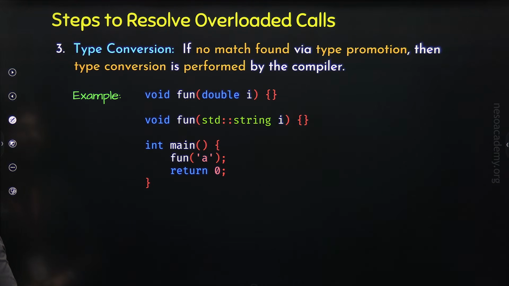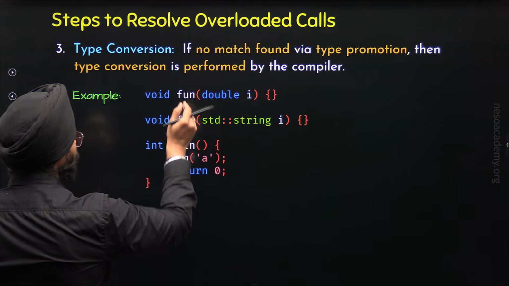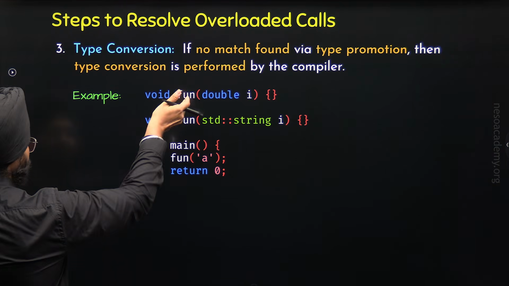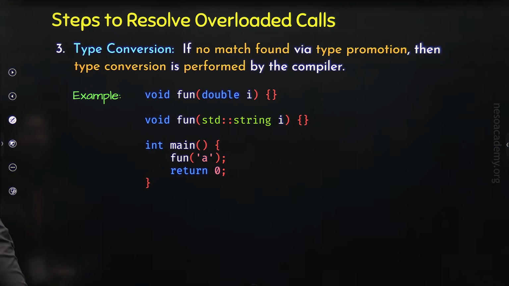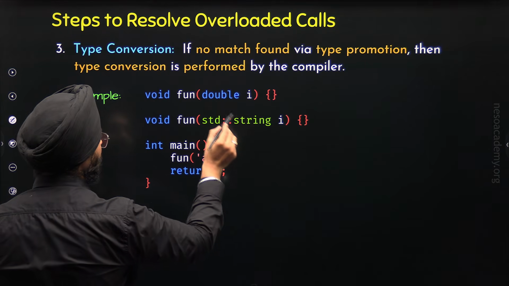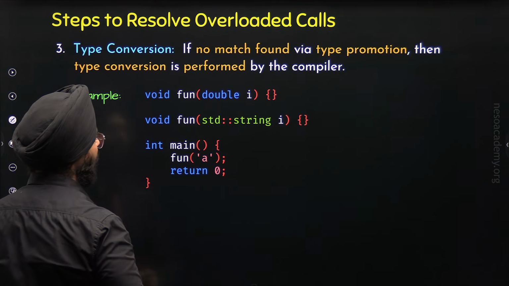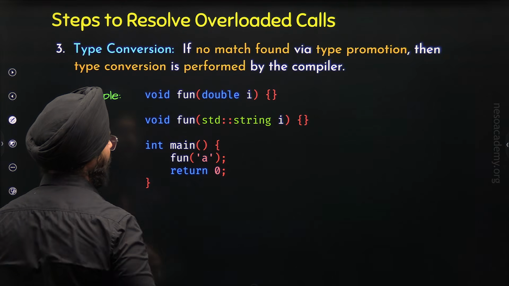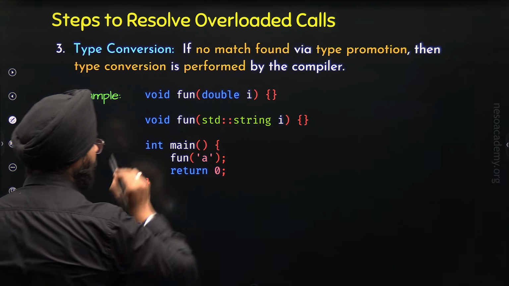Let's take the example. Here I have defined these two functions. The names of these two functions are the same. We have fun. And here we can observe the parameters are different. We have the parameter of type double and we have the parameter of type string.